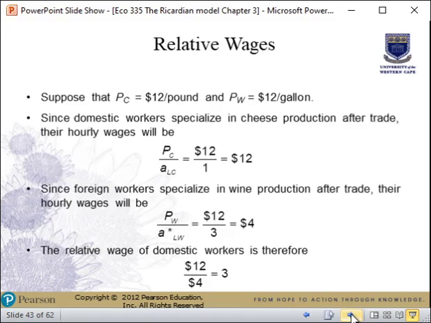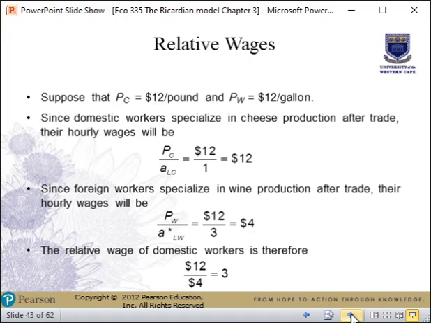Let us use an example to clarify how the cost advantages occur. With specialization, home workers work in the cheese industry while those in the foreign country work in the wine industry. So in the home nation, workers per hour will earn the value of 1 pound of cheese. Recall it takes 1 hour to produce 1 pound of cheese. The workers in the foreign nation will earn the value of a third of a gallon of wine.